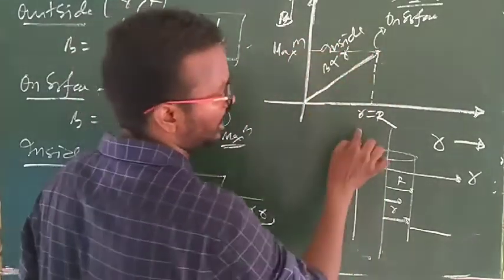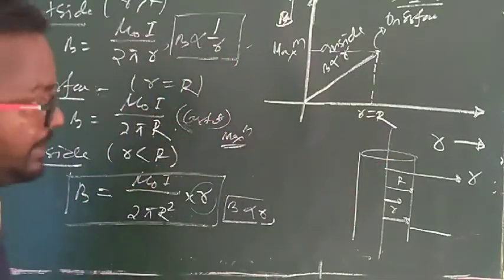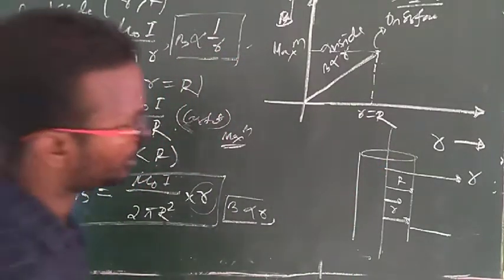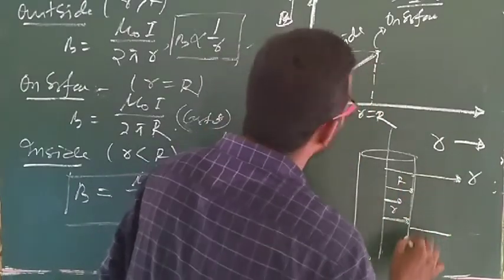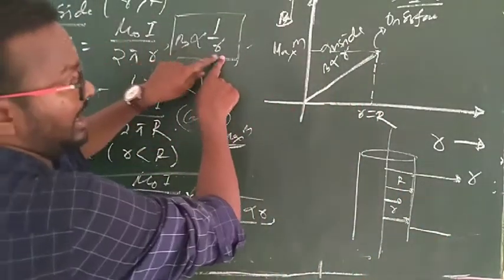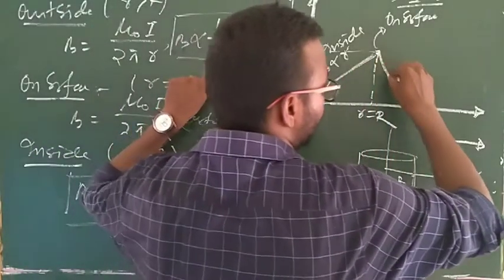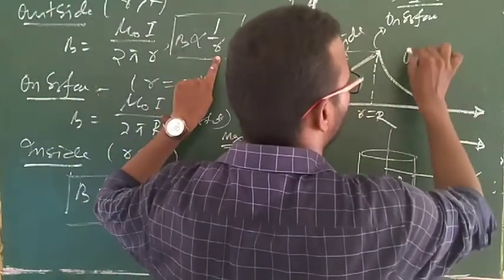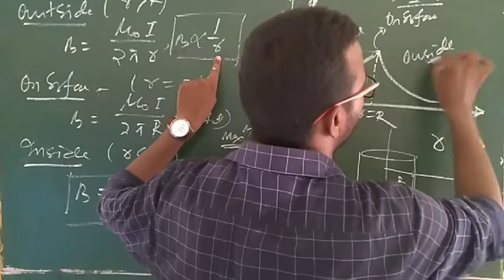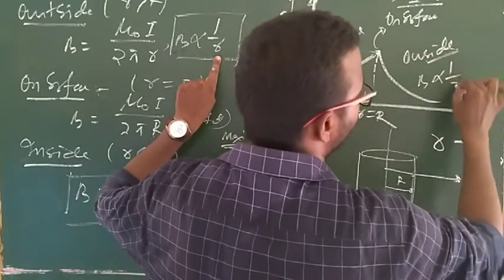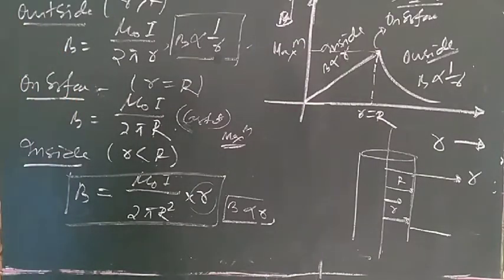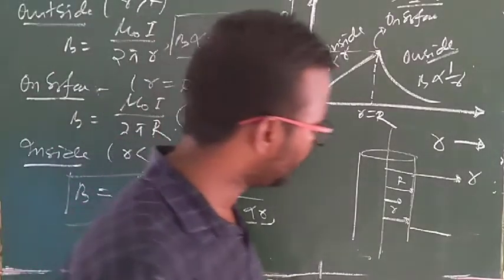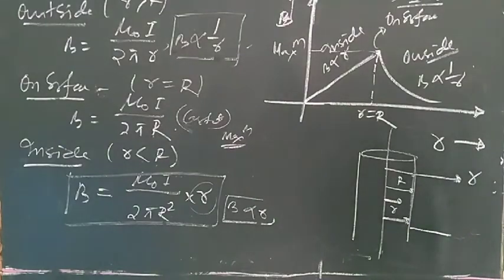This is on the surface, when small r equals capital R. But if we come to the outside point, then the magnetic field is inversely proportional. This is the outside point where B is inversely proportional to r. This is the graph, the graphical representation of magnetic field strength due to a solid cylinder.